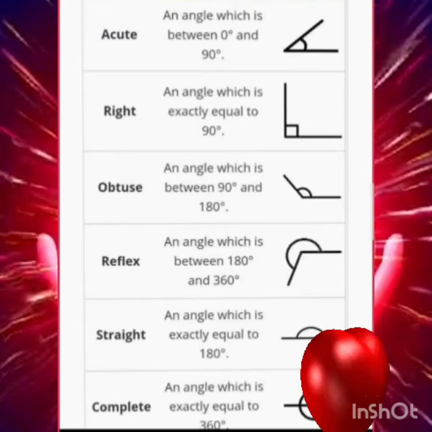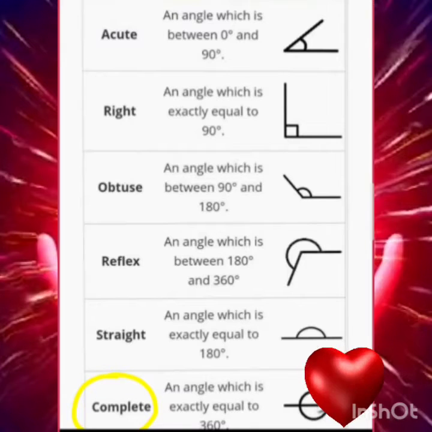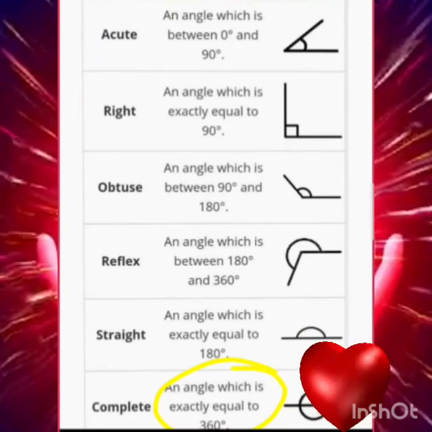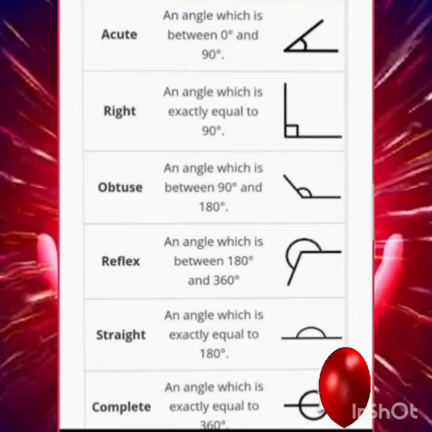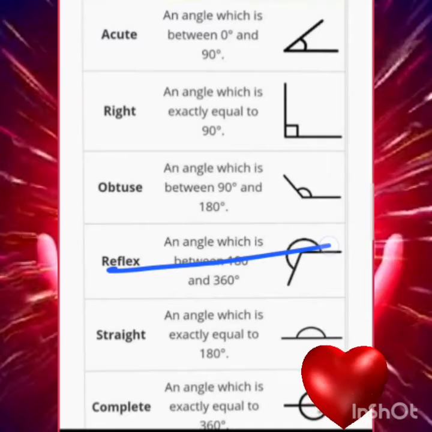Let's come to the last definition, that is complete angle. What is complete angle here? An angle which is exactly 360 degree. The measurement is 360 degree, that is called complete angle. Now dear students, here we can define it.